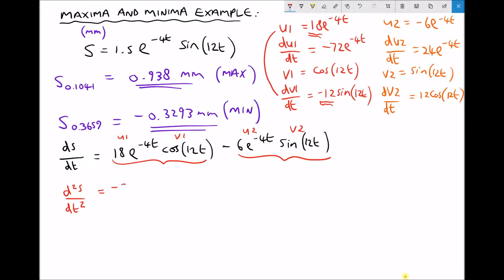So we have minus 216 e to the minus 4t sine 12t. And to that we need to add v du dt. So v1 and du1 by dt, which is minus 72 e to the minus 4t cos 12t.